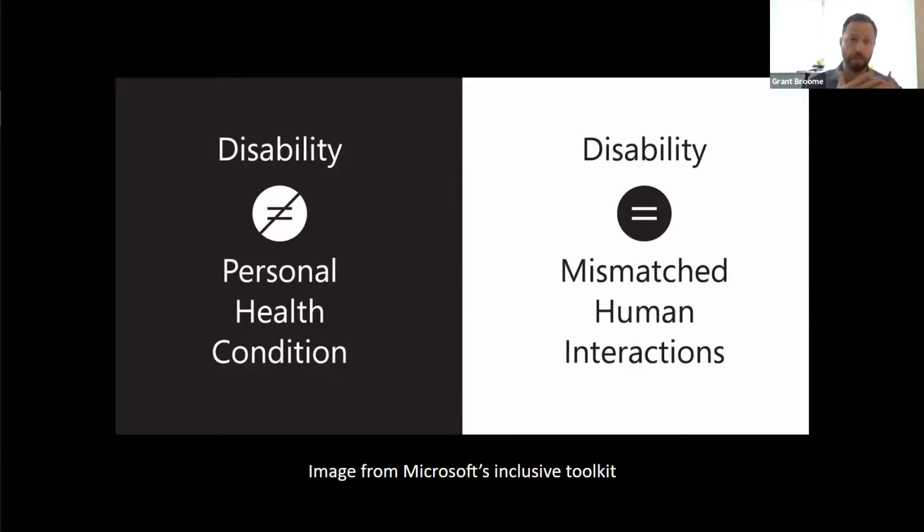The disability doesn't rest with the user, the disability rests with the component. That's what makes people disabled, the fact that it doesn't work for them. It's a mismatch. And that's what we really want to address with accessibility, making sure that those mismatches don't exist, or there's as few of them as possible.